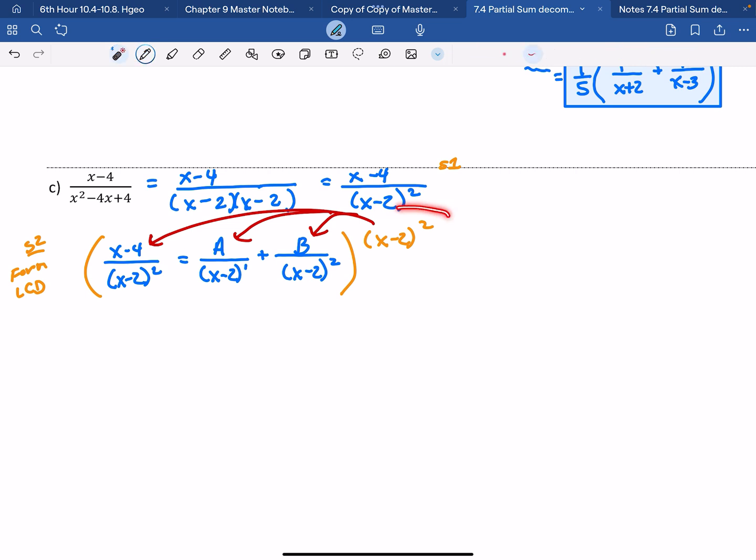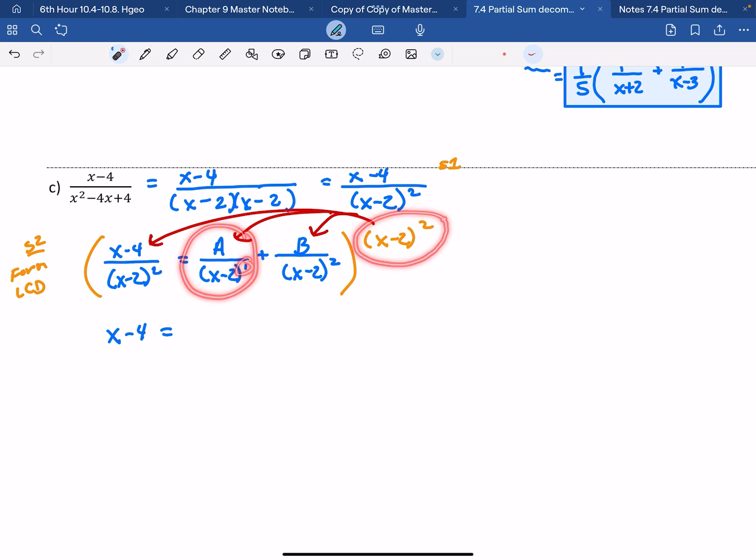Take the first fraction and multiply by this. Remember, when you multiply by the entire denominator, it wipes away, and you will always be left with the original numerator, always.